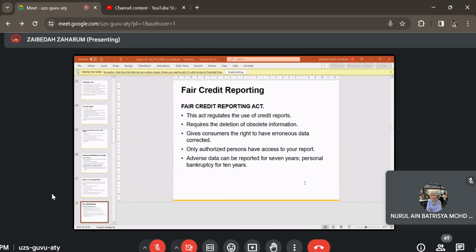Lain-lain pihak macam mana-mana syarikat yang membiayai kenderaan. Diorang pun perlukanlah kredit report tadi untuk menilai kelayakan pembeli kereta tadilah untuk mendapatkan pembiayaan kenderaan. Majikan pun memerlukan juga kredit report tadi semasa proses pemilihan pekerja untuk menilai kestabilan kewangan calon pekerja tadi.